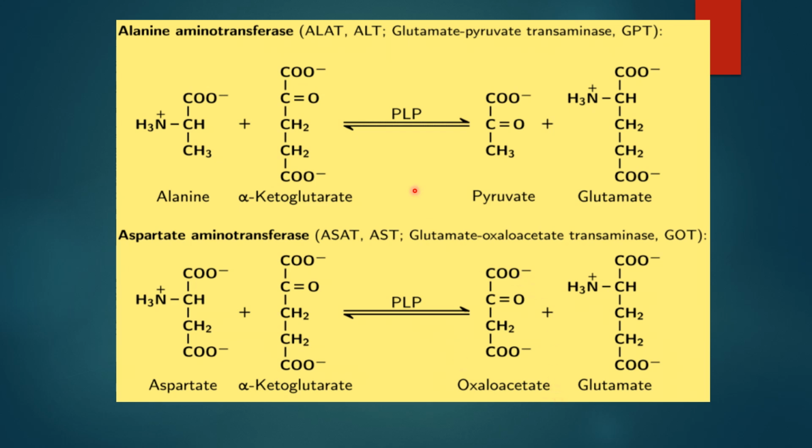So what we have seen in both examples is that alpha ketoglutarate is acting as an acceptor of the amino group. Not only here, all amino acids, whenever they undergo a transamination reaction, alpha ketoglutarate acts as an acceptor of the amino group, and all amino groups are pooled into glutamate.